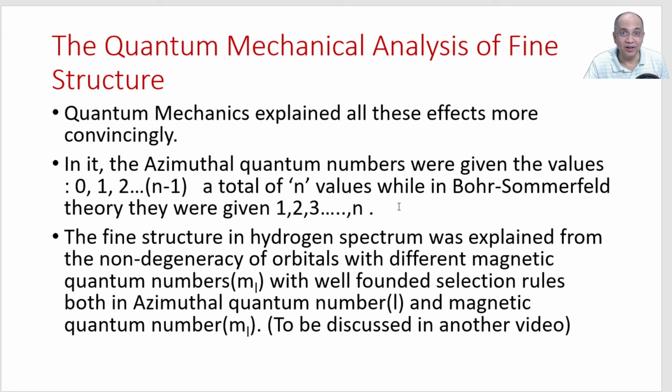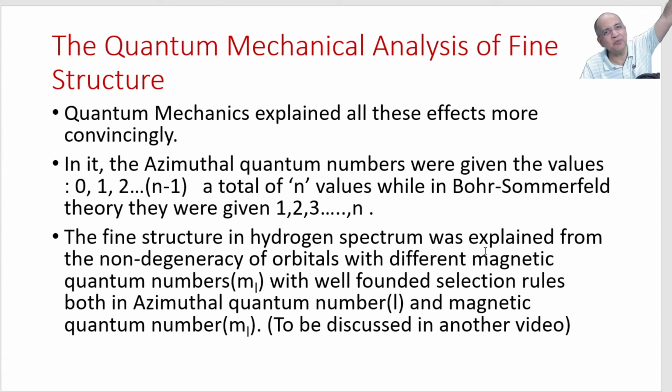But later on in our next program, I will be making a detailed discussion on the Zeeman effect. Actual Zeeman effect in the light of quantum mechanics, wave mechanics, it's not due to this, it's not only due to the splitting of subcells. It is precisely due to the splitting of the orbitals represented by different magnetic quantum numbers.